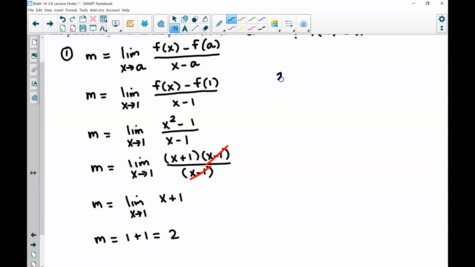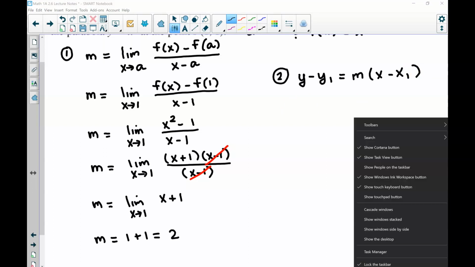Now in step number 2, what we want to do is find an equation of the tangent line to that parabola. So now we're going to have to use our point slope form to find that equation. Okay, so we know that the point is (1, 1), and we know that our slope is 2.